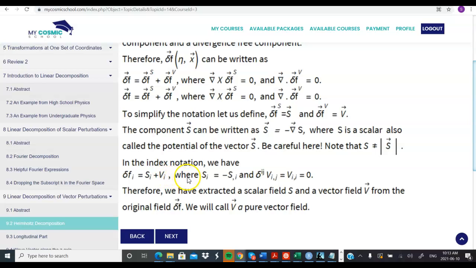What is s_i? s_i is equal to minus s,i. Here we are taking a gradient, and for v we are taking the divergence, so it is this.